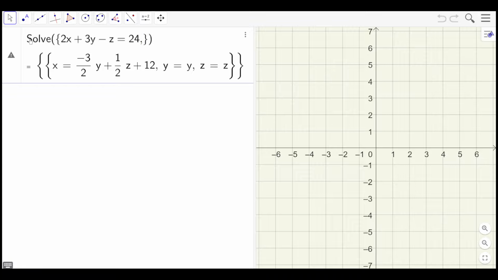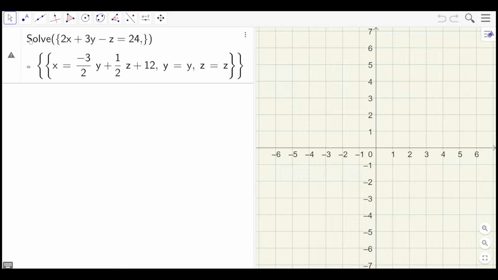And then I put a comma. Let me open up a little bit of space for you. And then here I type the next and last equation. 6x minus y and then plus 2z is equal to 22.